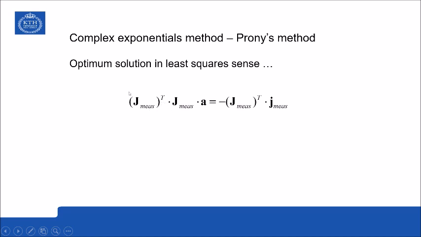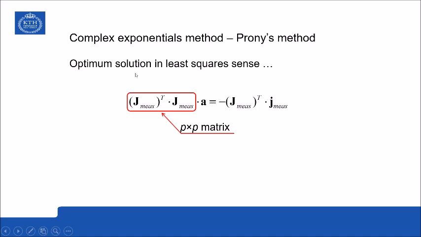So this is the transposed system matrix, and we multiply the equation from the left-hand side with it. Then the new linear system will read like this. This is now a p by p matrix, so it has a unique solution, and the solution will be the best possible solution in the least squares sense.